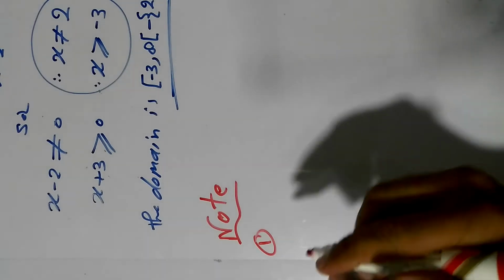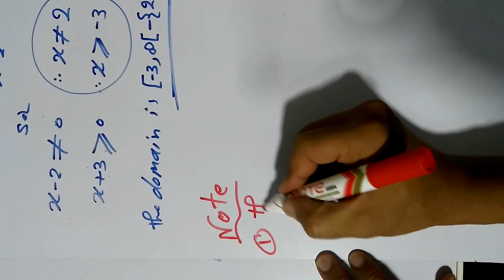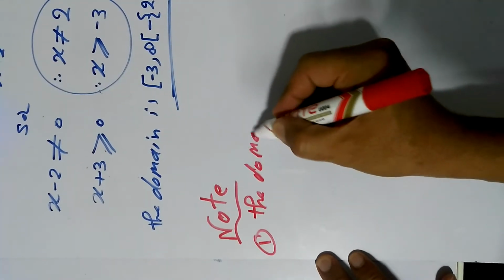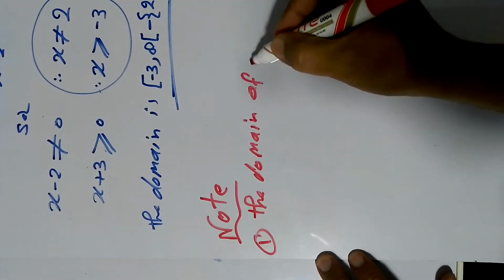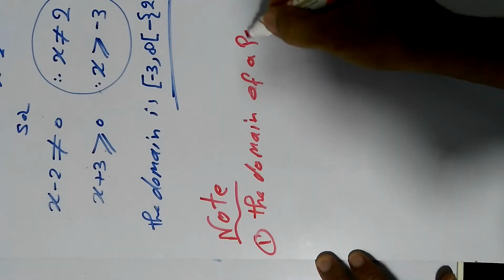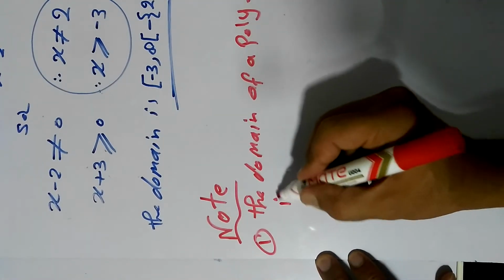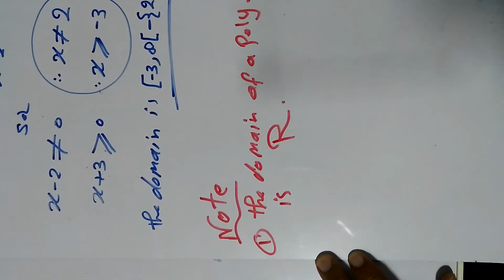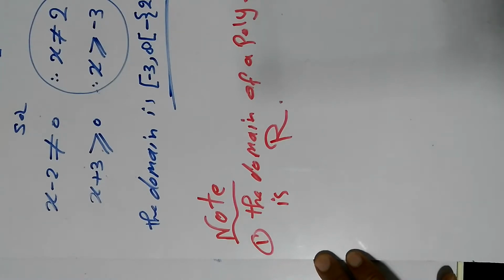Note number 1, the domain of a polynomial function is the entire real numbers set.